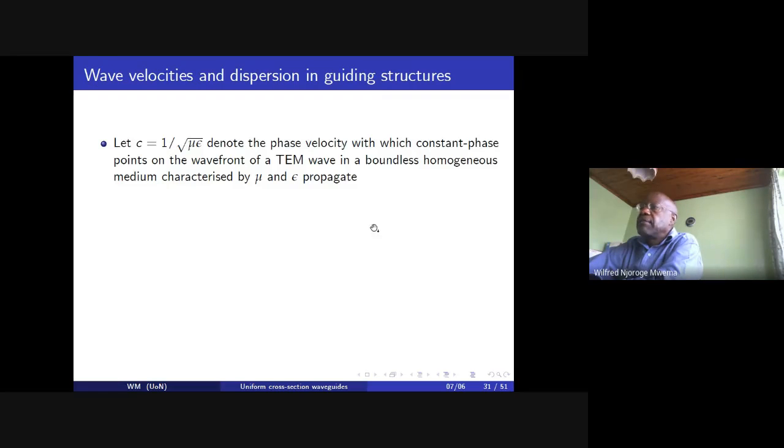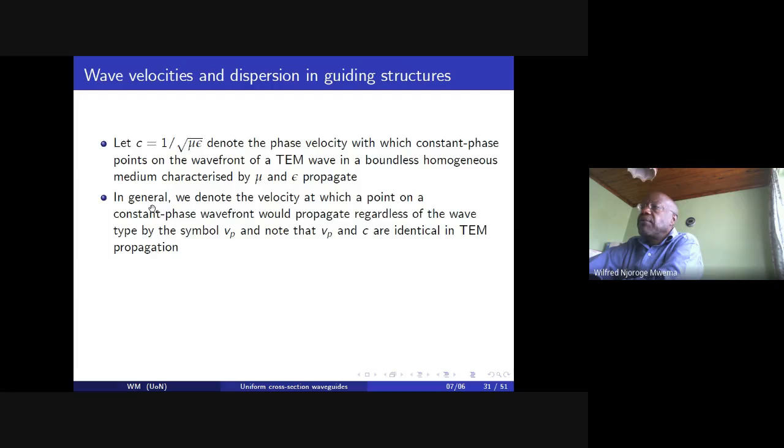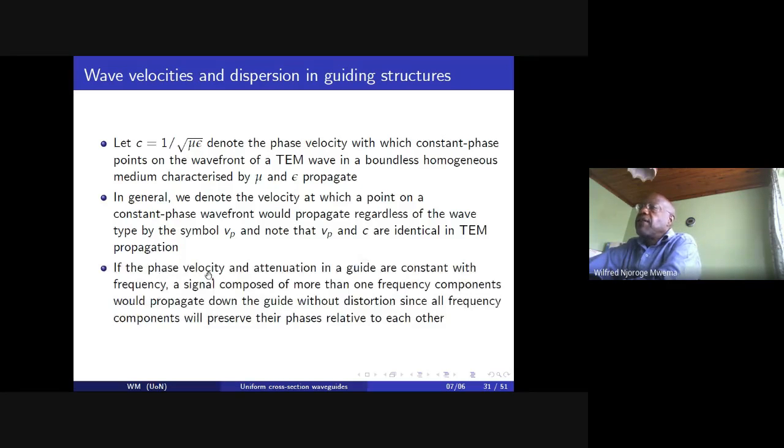And now, in general, we can denote the velocity at which a point on a constant phase wavefront would propagate, regardless of the wave type, by the symbol Vp, and note that Vp and C are identical for TEM modes.